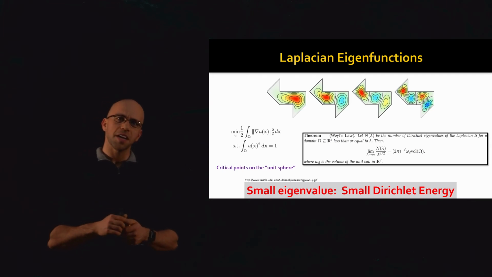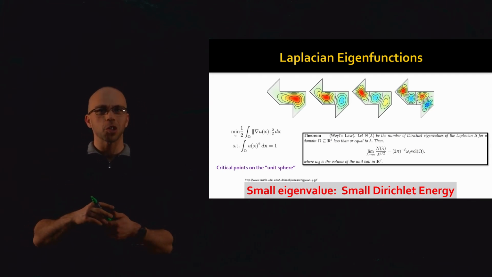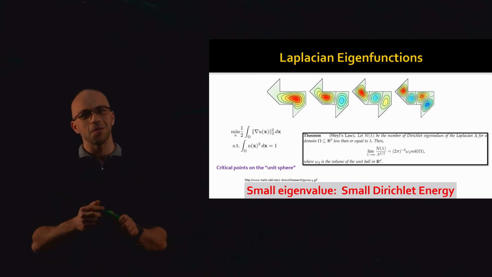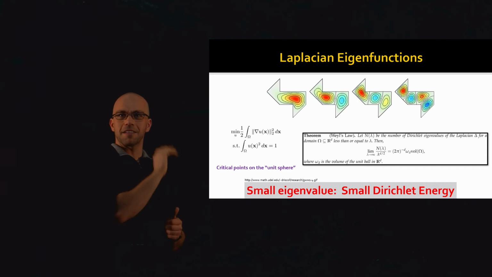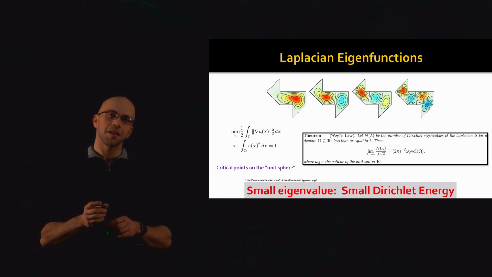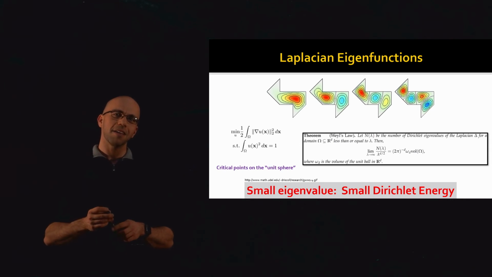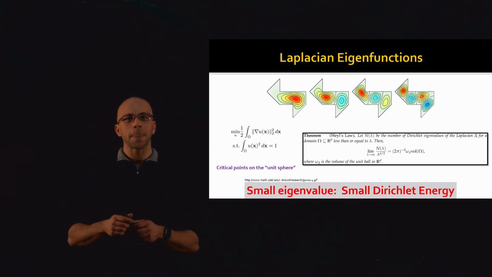One thing you can check is that the eigenfunctions, the functions that satisfy Laplacian of u equals lambda times u, are critical points of the optimization problem I've written on the slide, where I'm minimizing the Dirichlet energy, but adding a constraint that our function u has to square integrate to 1.